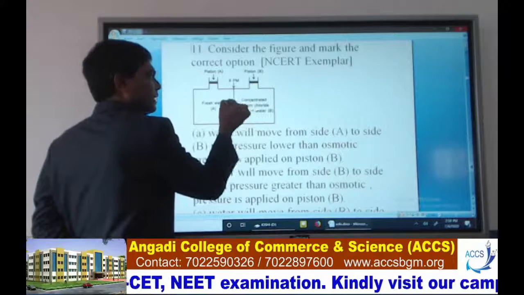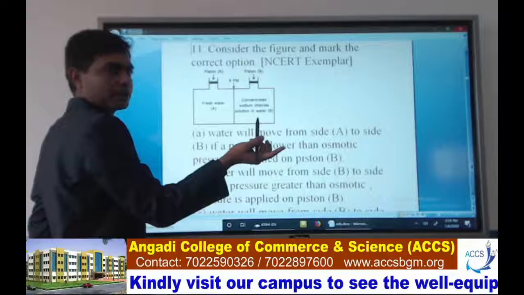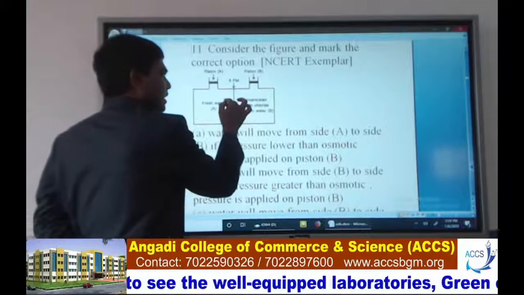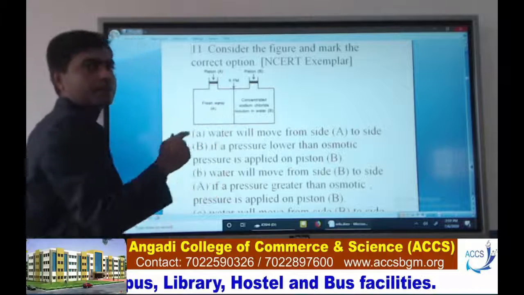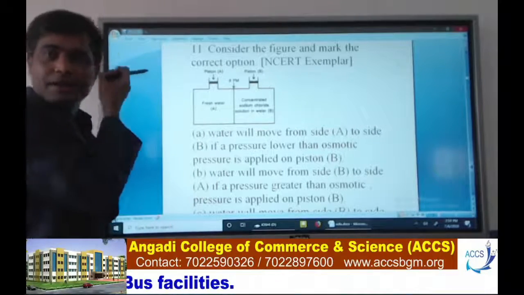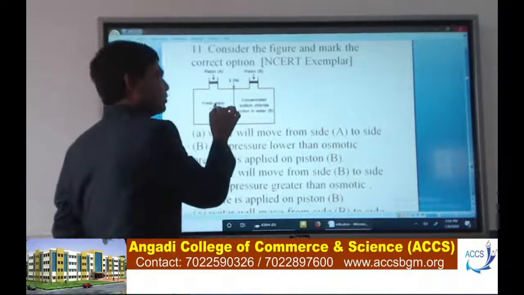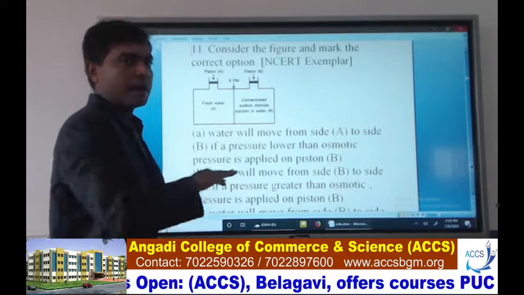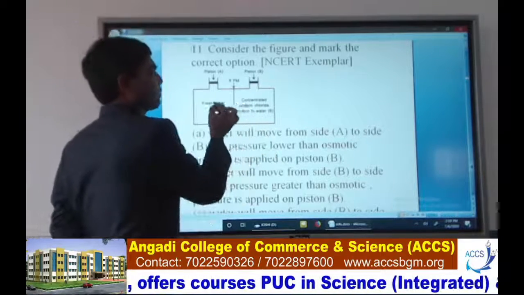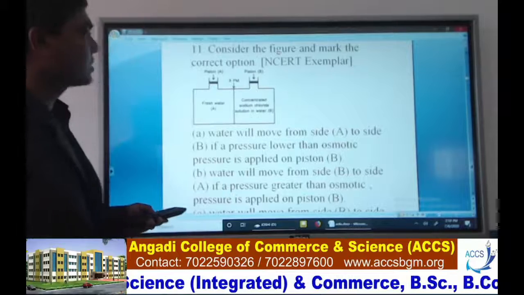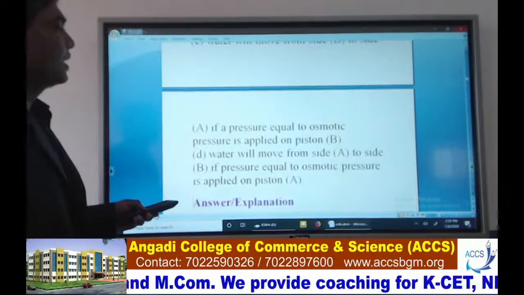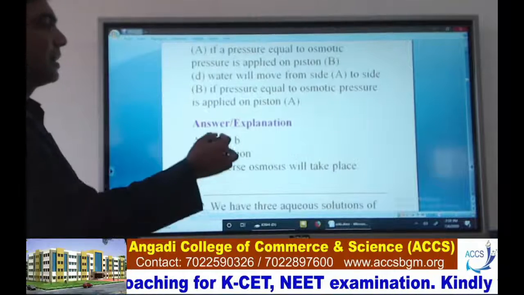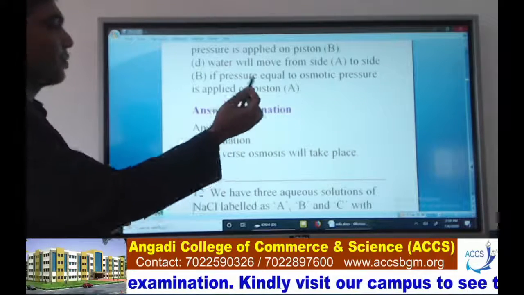Second option, B to A with high pressure. Third option, A to B with equal pressure. B to A with equal pressure. As you know, in osmosis it goes from A to B, and in reverse osmosis it comes from B to A. Therefore the answer for this question will be from B to A when it has high pressure from B to A.